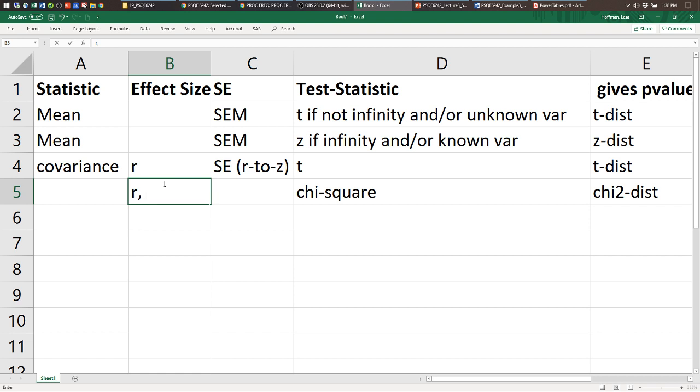Think ratios. Phi? Nope, phi is the same thing as Pearson's R for binary pairs data. Odds, yeah, odds ratios. Also risk ratios go in there.